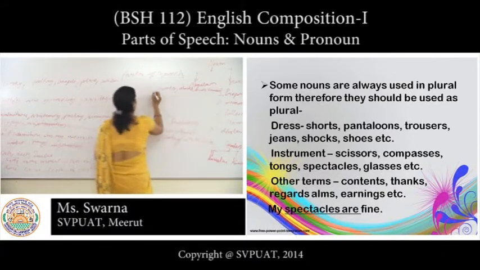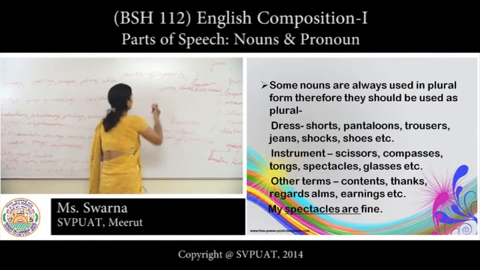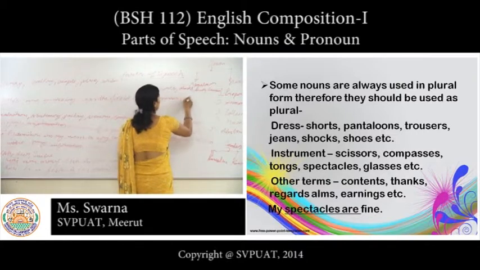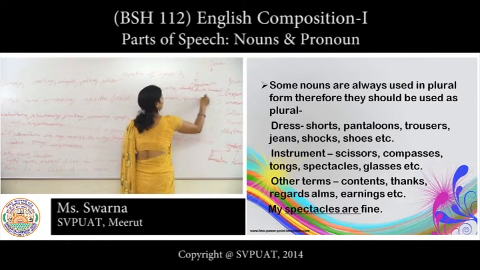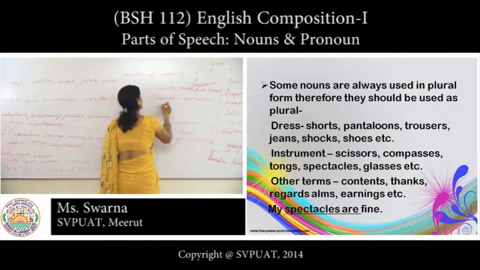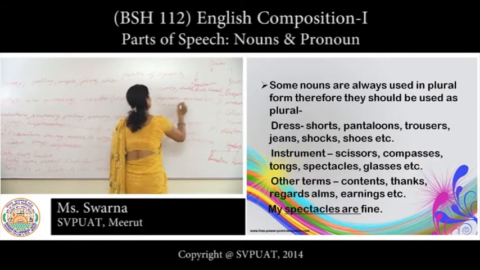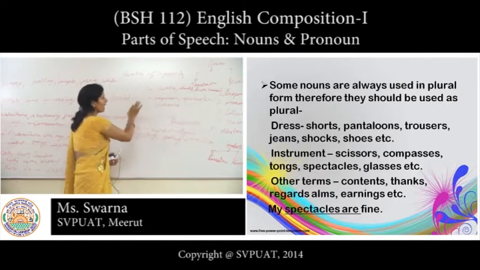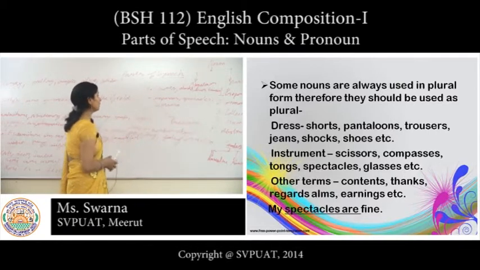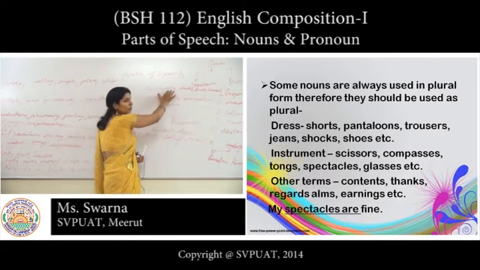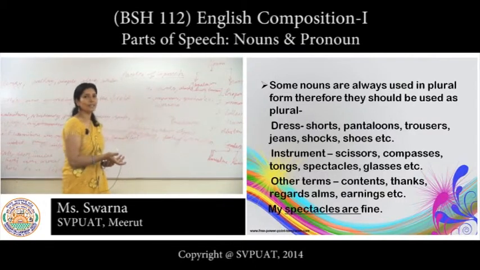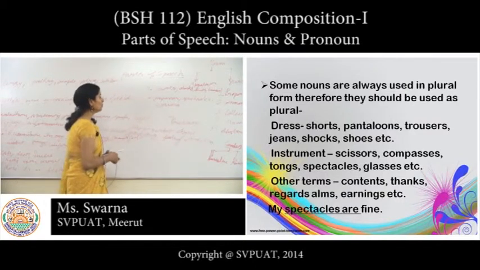Some instruments like compasses, spectacles, scissors. You can see that s is used with each and every word in these nouns. So they are plural in form and used as plural. If we want to make any sentence with these words, then we use them like that.